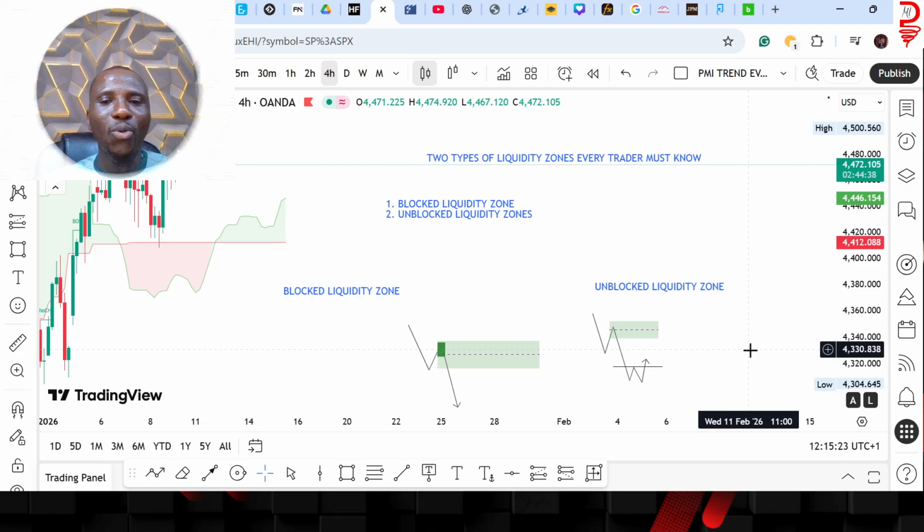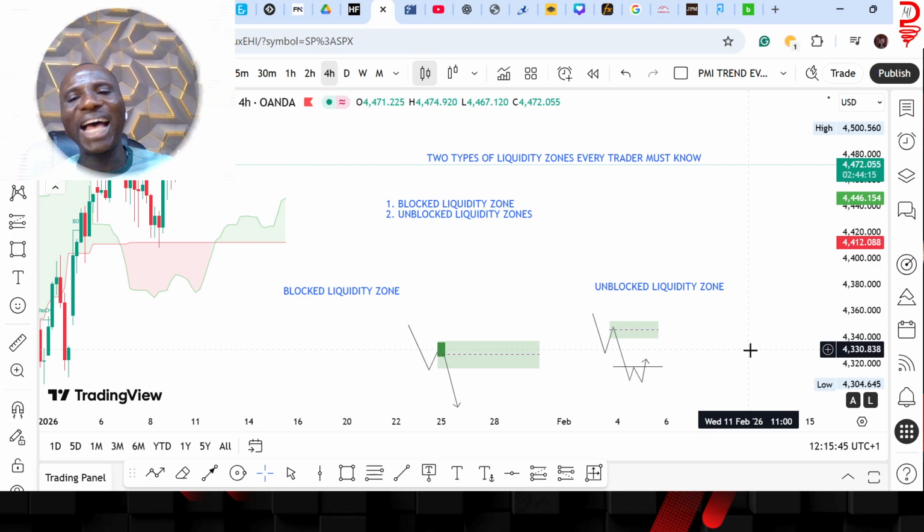Because a lot of people in the market are looking at what the market is doing, and immediately there is a break of structure and they have a correction, they now see the market moving again, they want to jump there. Now, because they want to jump there, a lot of people focus their attention on the initial movement.